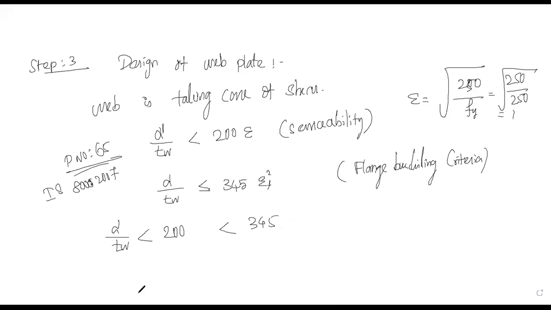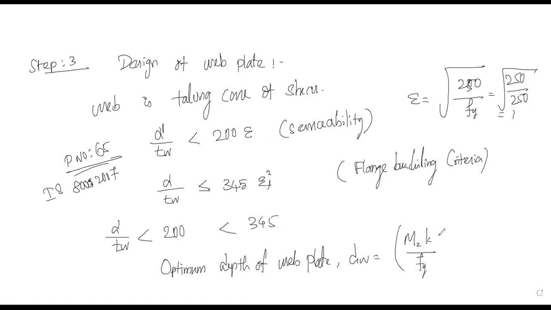So we have the optimum depth formula. Optimum depth of the plate, dw, is equal to Mz into k divided by fy, to the power 0.3.